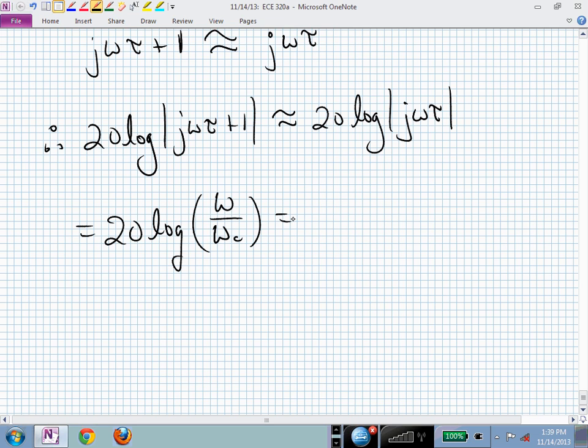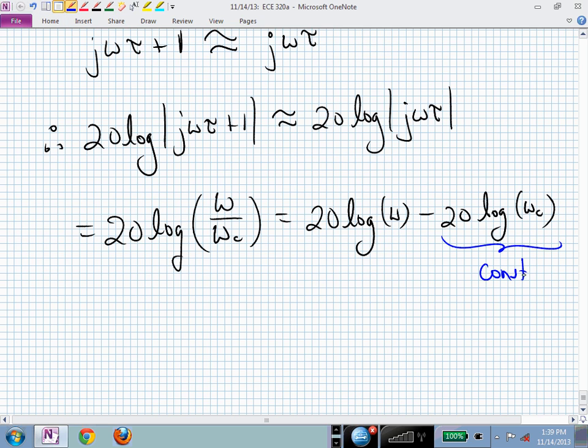And we know how to treat ratios inside a log. This is now 20 times the log of omega minus 20 times the log of omega c. And omega c is a fixed number, isn't it? Our break frequency. That's just a constant. So this is now a constant. And this is what we're plotting our Bode plot with respect to.